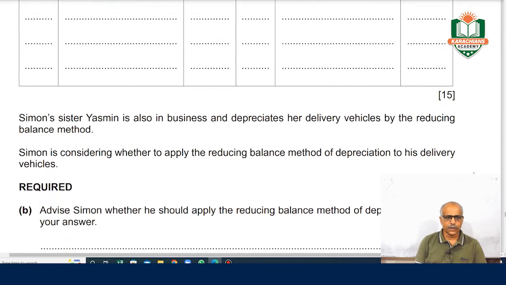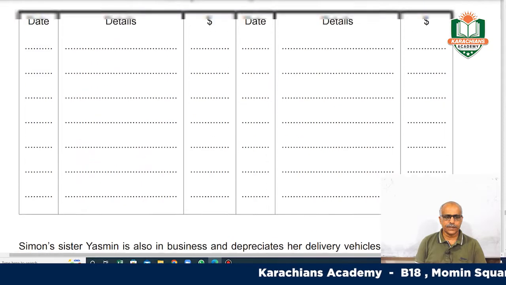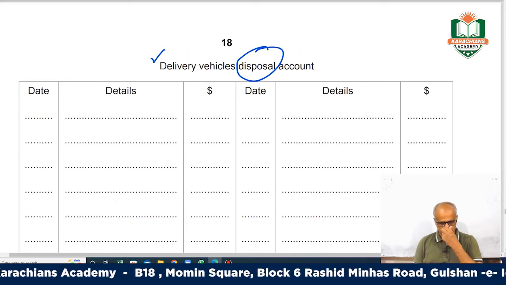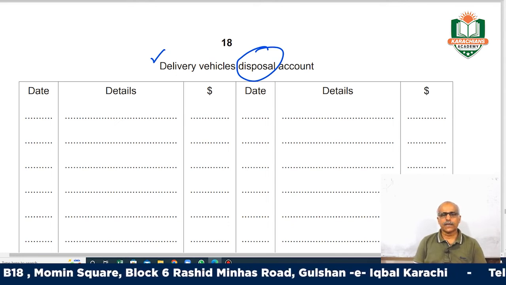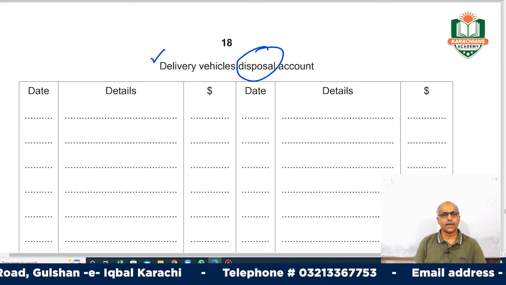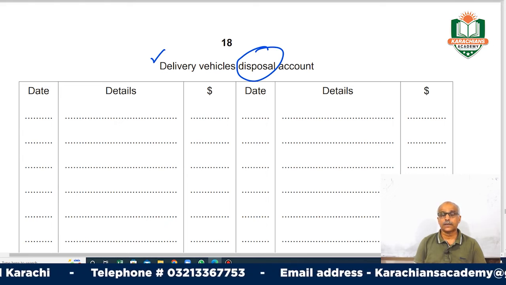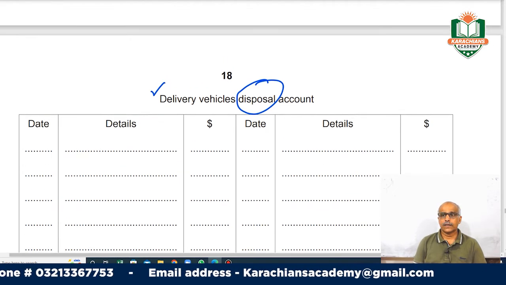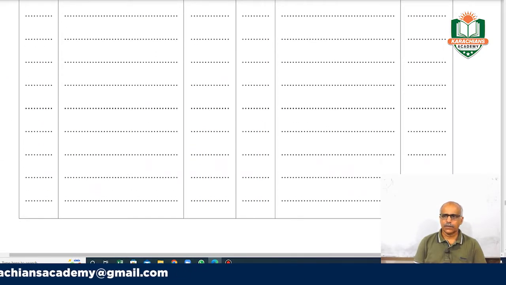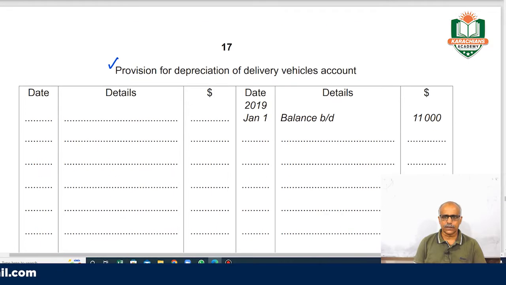In question 5A, you have to make 3 accounts. Number 1, the vehicle account, its cost account, right? And its provision for depreciation account and disposal account, right? He has given very carefully, see what is given.